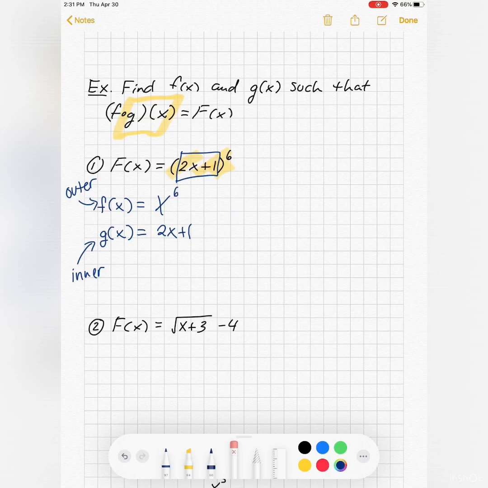Well, I'd have to raise it to the power 6, right? If you think about actually doing the composition, I would take this and substitute it in here, and I would arrive here. Okay, so I found a set of functions that I would compose together to get that result.